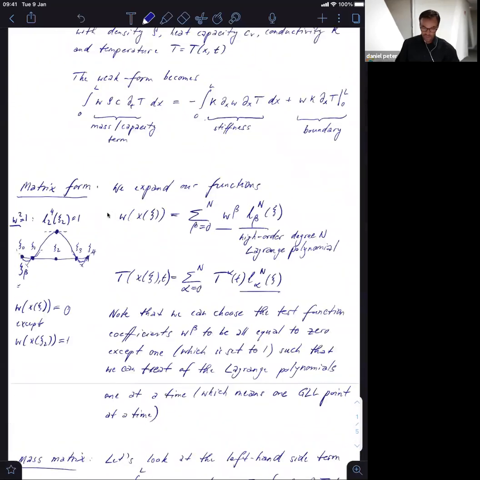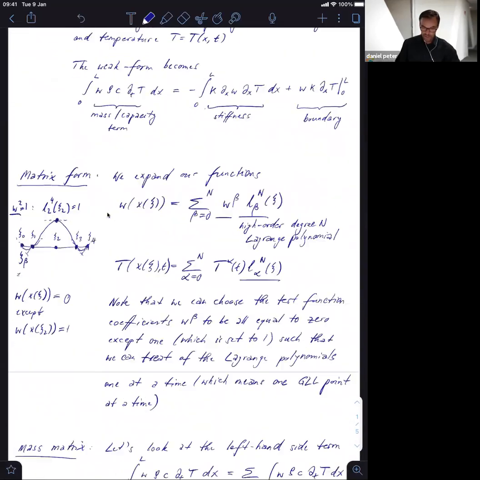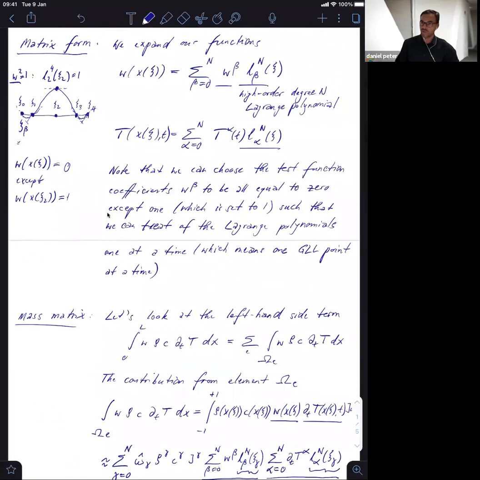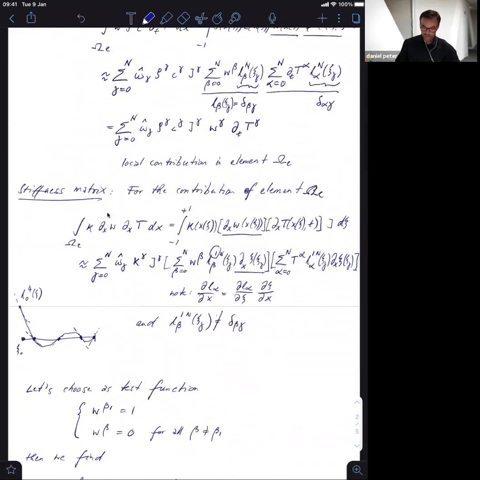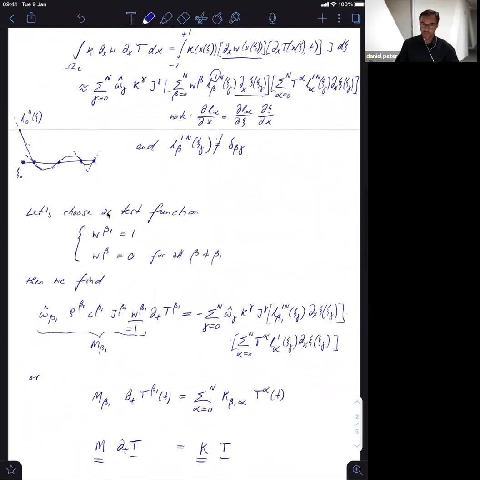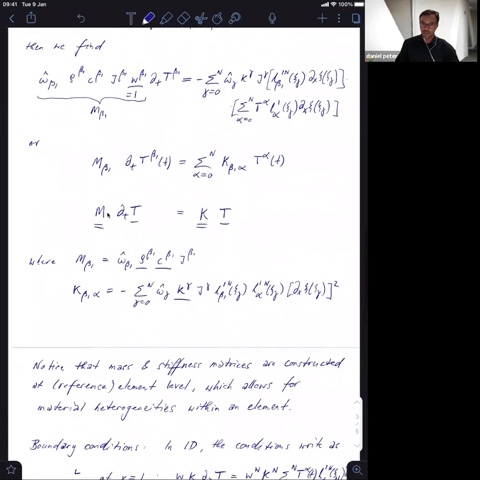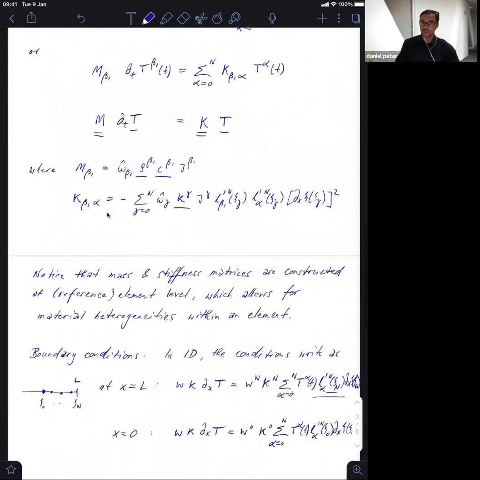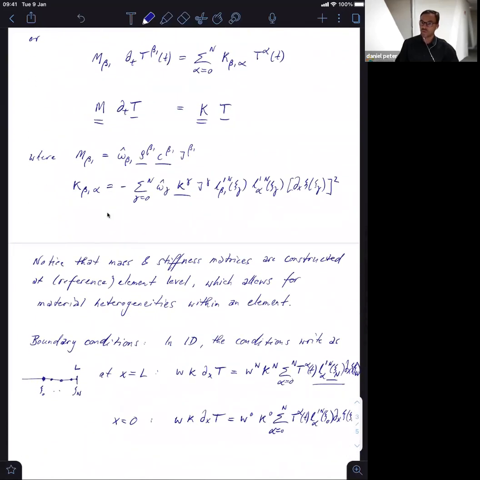All we did is basically we started with the function expansions, and then could write down what these local contributions are for mass and stiffness matrix, and then finally write down what the matrix form looks like.